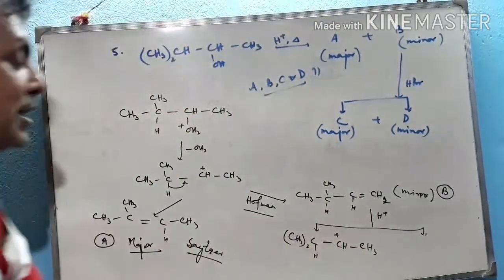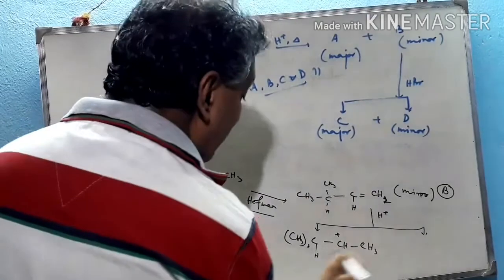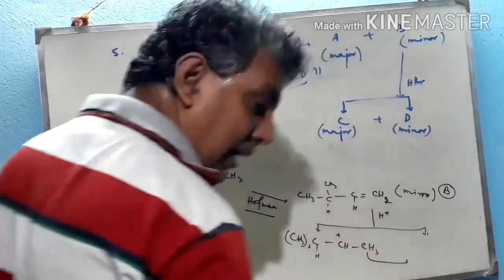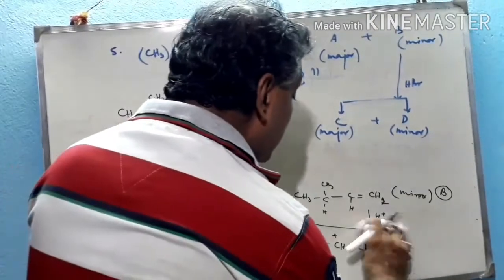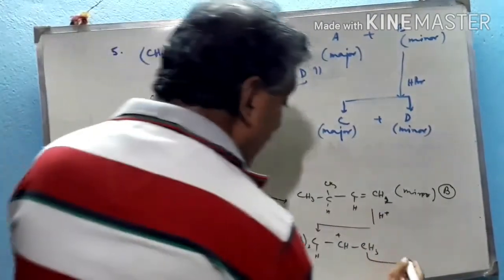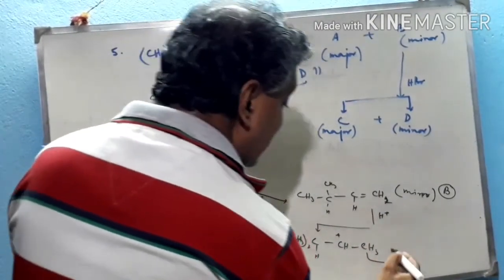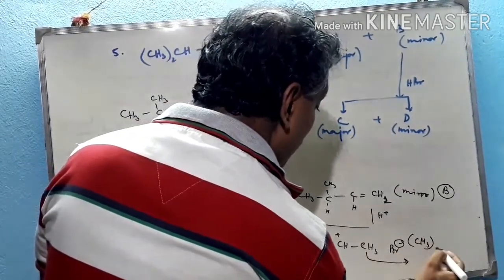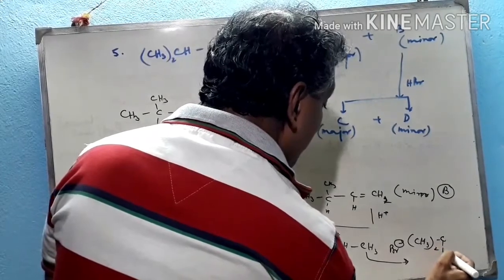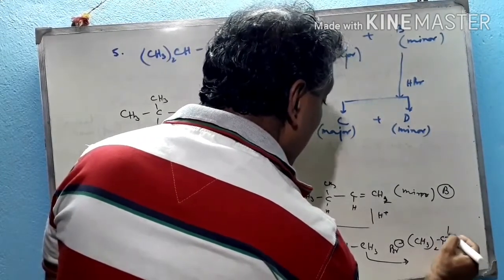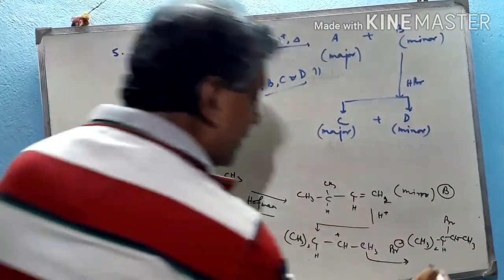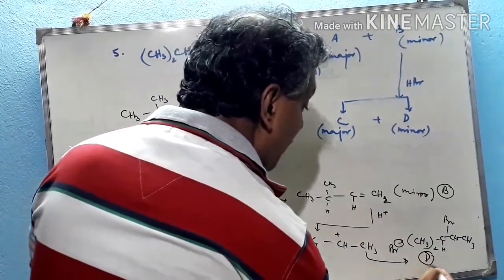This is the first part, and when this carbocation is treated with Br minus, it forms (CH3)2CH-CHBr-CH3. This is the minor product, that means this is D.